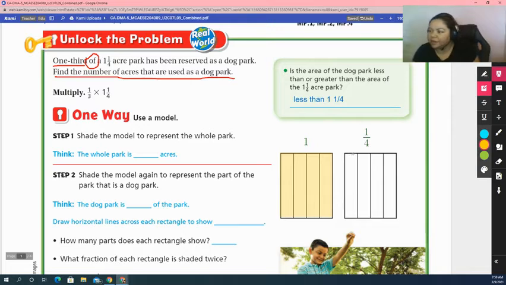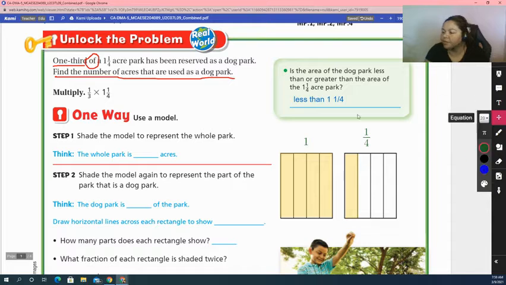So that means that I'm cutting my rectangle into 4 columns, 1, 2, 3, 4, because that's the denominator. And I'm only going to shade 1, so it's 1 out of those 4. So I'm going to go ahead and shade 1 out of 4. Okay, so that's my first step. The whole park is 1 1/4.